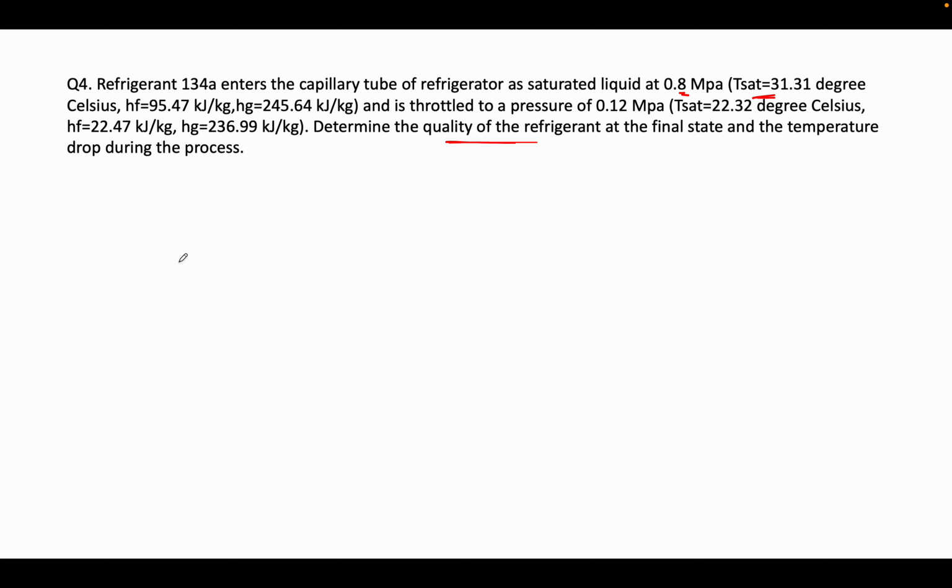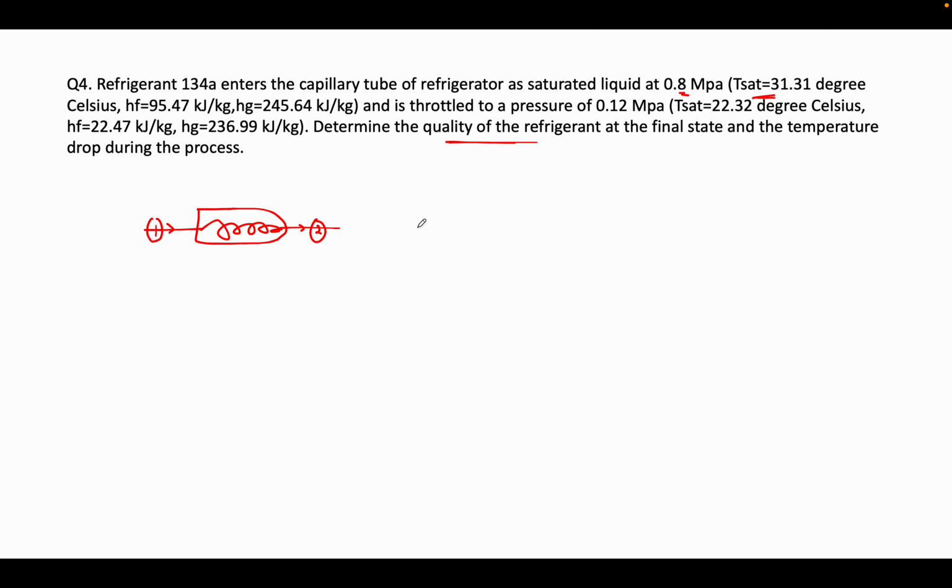Suppose this is my throttling device. This is how they show a throttling device. This is my initial condition, the starting point, and this is my final state.